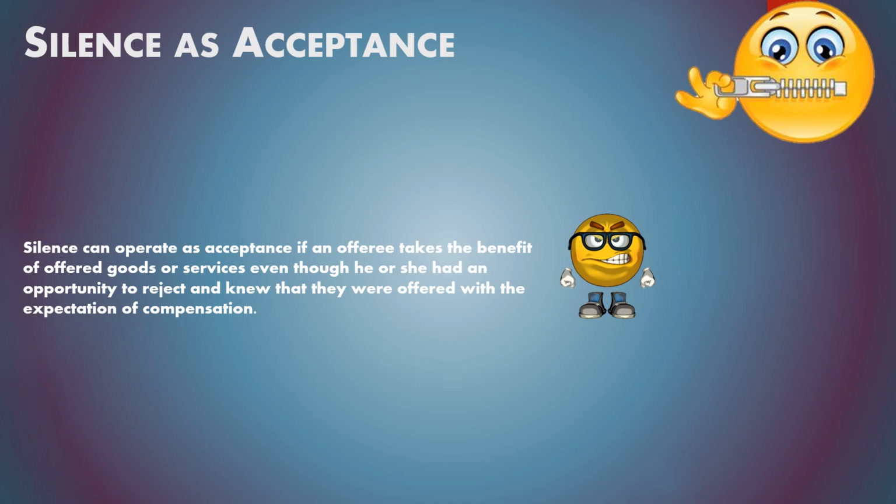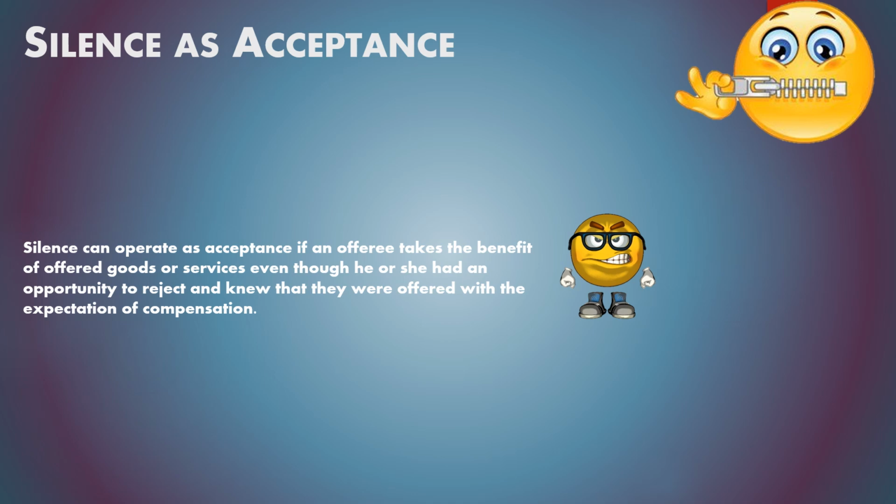Would he win? The answer is definitely yes. Why? In this case, my silence served as acceptance because I sat there drinking a beer, watching him cut my grass. I could have told him not to when he came up on my lawn, but I did not.